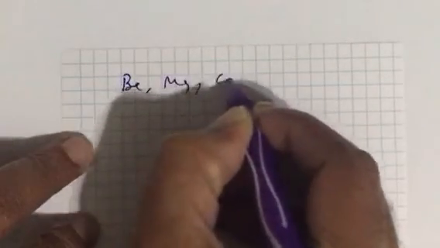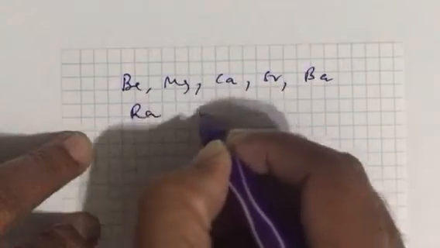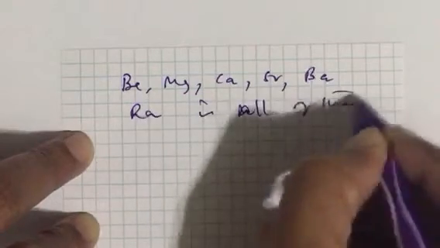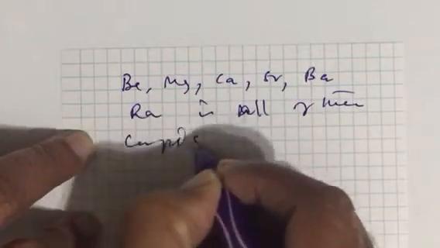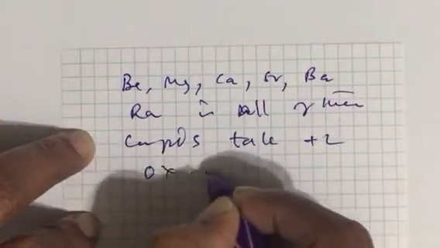Also, second A group metals which are also electropositive, like beryllium, magnesium, calcium, strontium, barium, radium, in all of their compounds take +2 oxidation state.